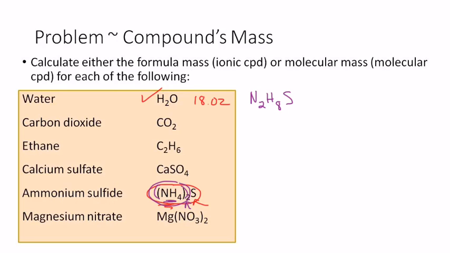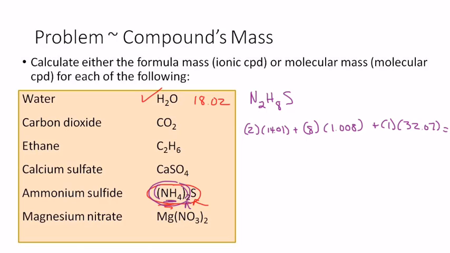To come up with how many AMUs that would weigh, I'm going to take 2 times the decimal number for nitrogen, which is 14.01, plus 8 times the decimal number for hydrogen, 1.008, plus 1 times the decimal number for sulfur, which is 32.07.